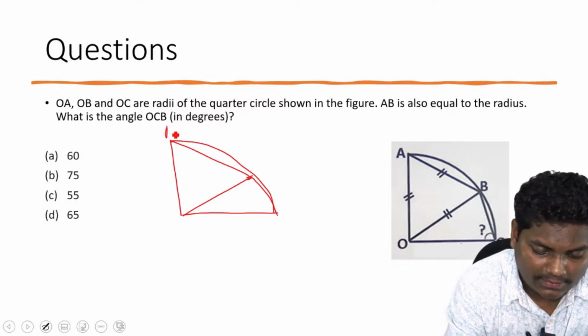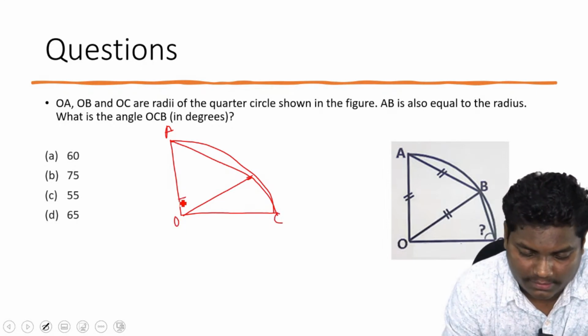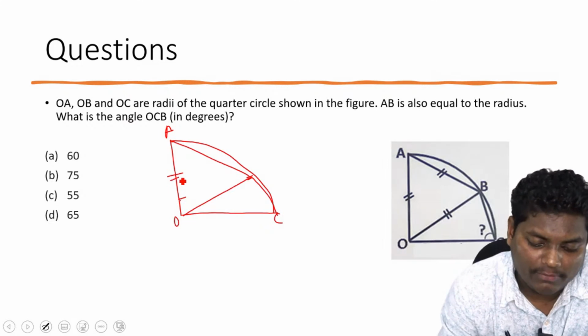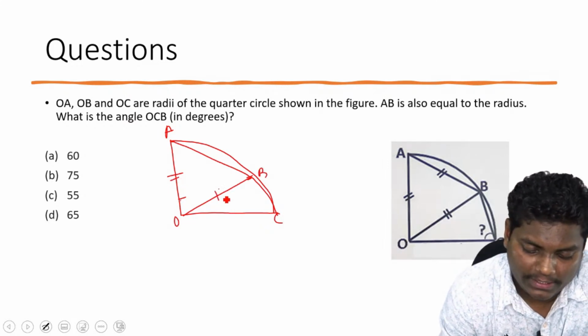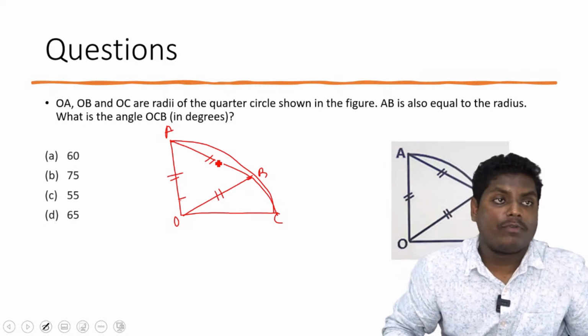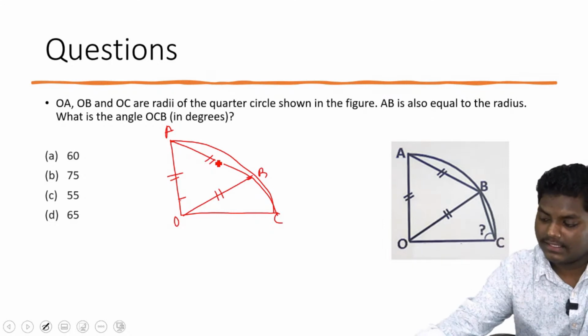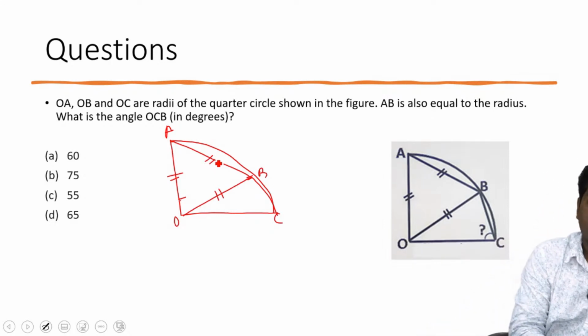So this is a right angled triangle OAC. OA will be equal to OB, which is equal to AB. This is what they have given us. If I move a bit, you can see this and try it.